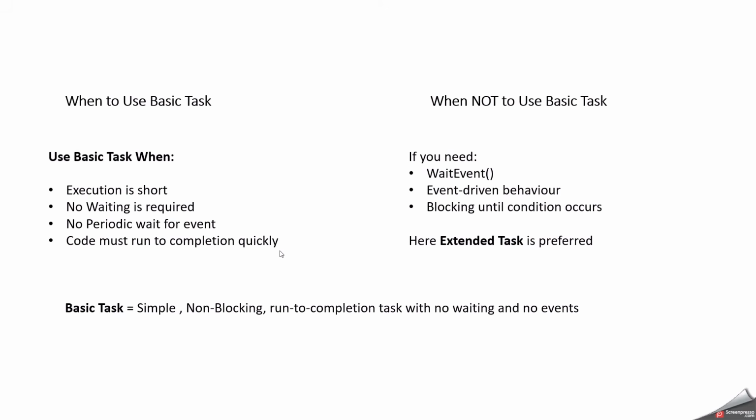And when to use a basic task? As I mentioned, when your execution is short, no waiting is required, there is no periodic wait for event, and code must run to completion quickly, in these cases we can prefer the basic task. And where not to use a basic task? When you need event waiting, then you shouldn't prefer the basic task.